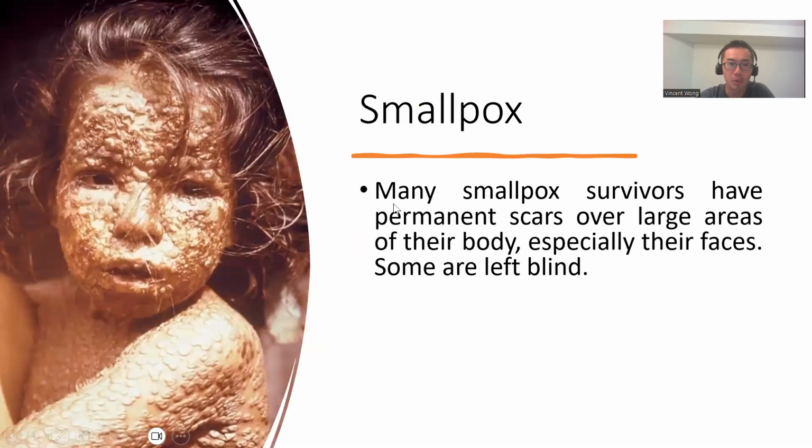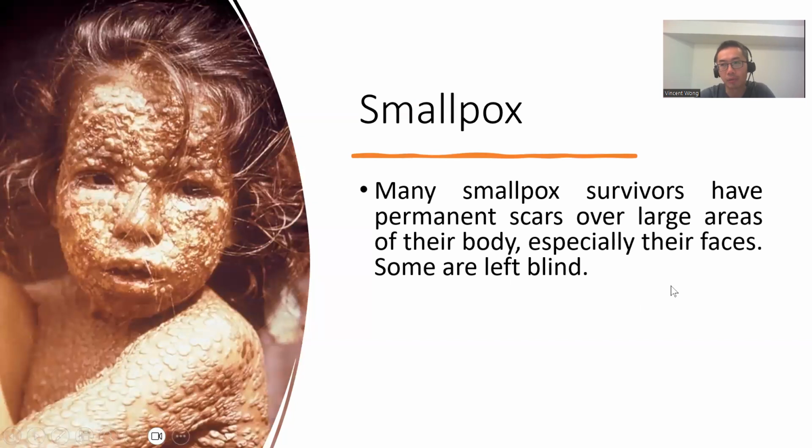Sometimes those who survived would have permanent scars on them. This is a very extreme case, but they would have these scars, and sometimes it would leave them with a blind eye as well. So it's a very serious disease, and it was causing a lot of people to die in the past.